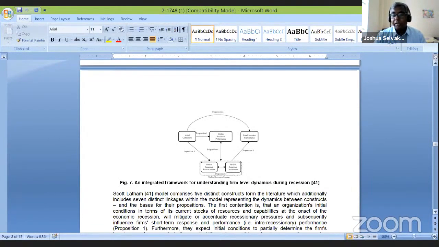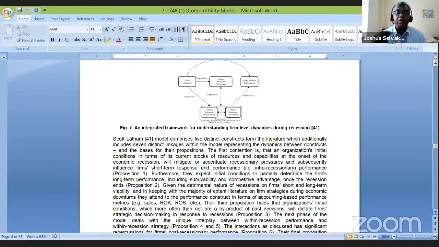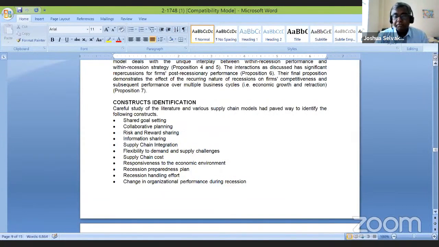We have identified certain key variables. We call these constructs. I will deal with that because we are going to use software to build a model, and we will work out a problem, don't worry.